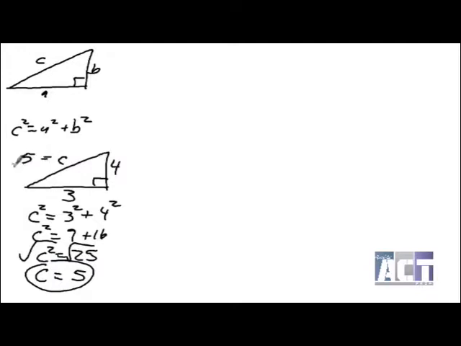Let's do another one where you have C, but you've got to find what you can call A or B. Now I'm going to draw it a little different because they can draw it any way they want. They can put this right triangle like what seems to be upside down. It doesn't matter. You just got to know that the side opposite the right angle is what we call C. I'm going to give that a length of 10 now.